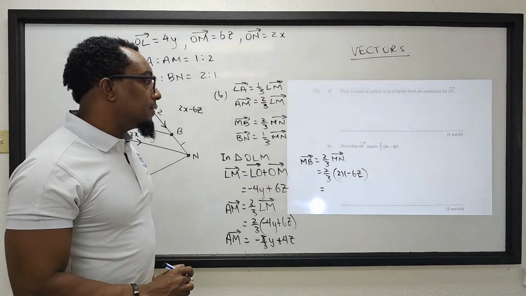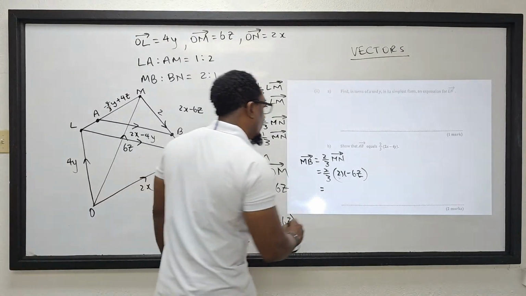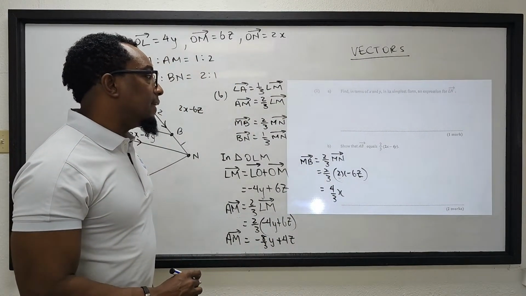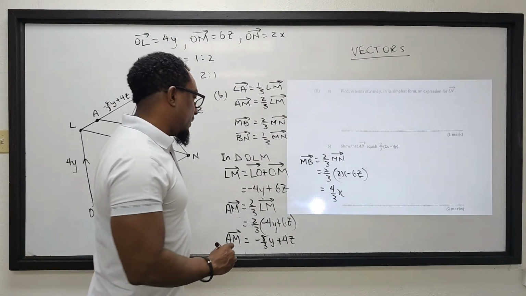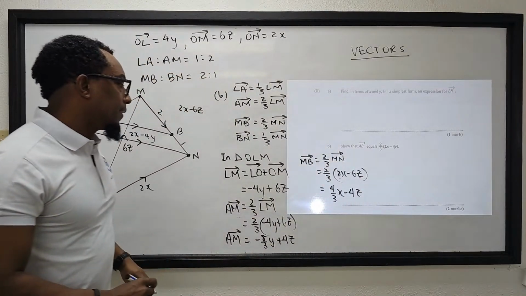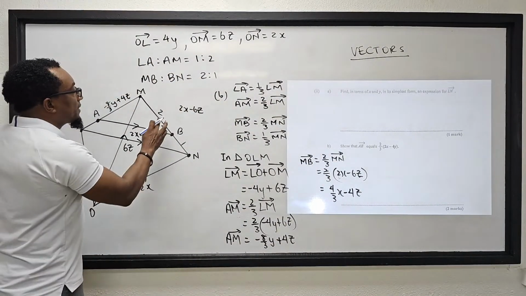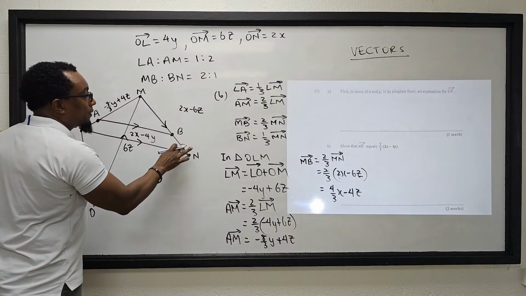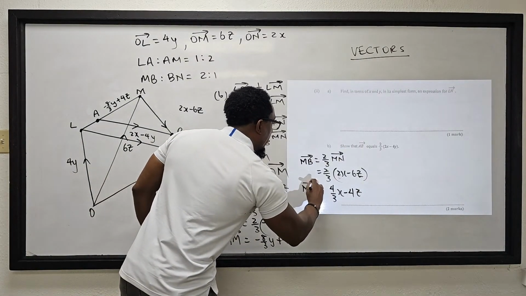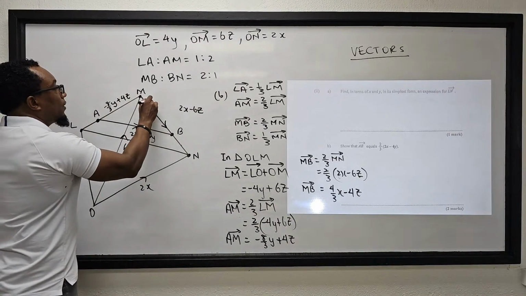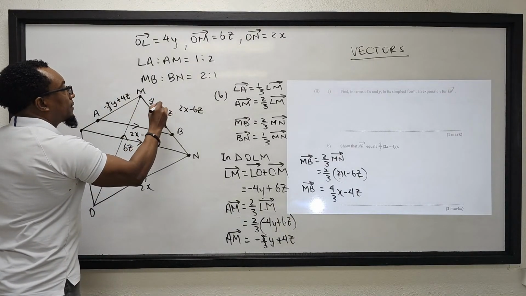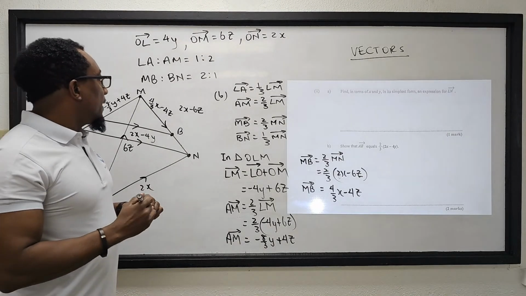So 2/3 by 2x will give us 4 over 3x. And 2/3 by negative 6z will give us negative 4z. Good? So what we have here is MB is equal to 4 over 3x minus 4z. Alright, so we found MB.